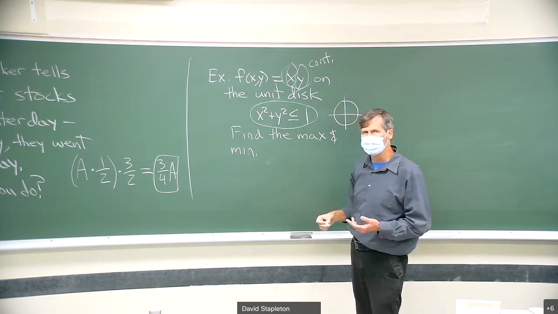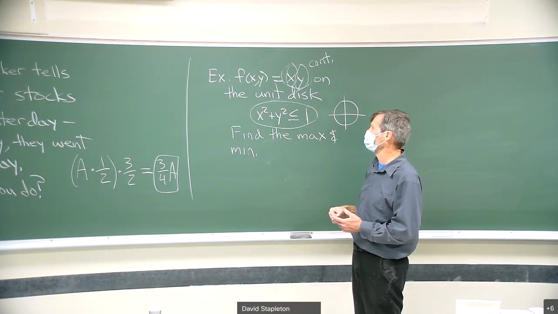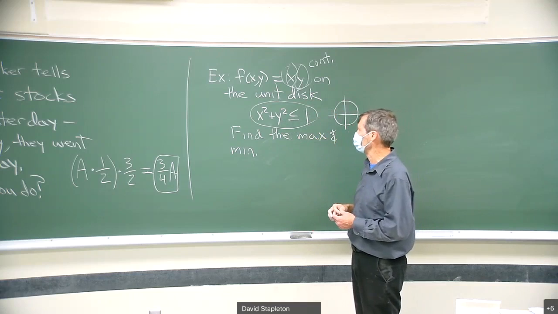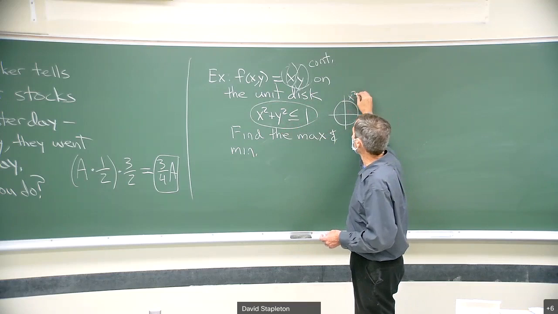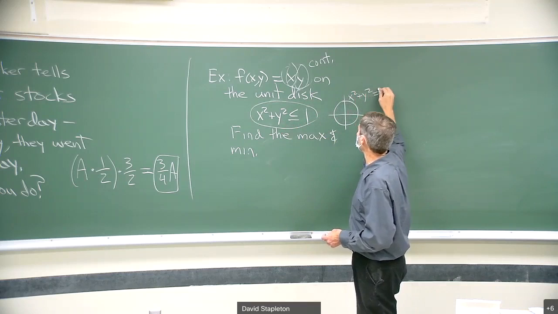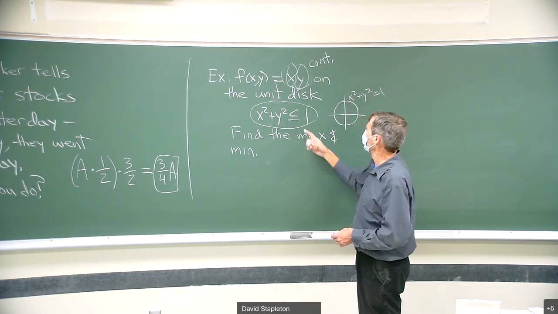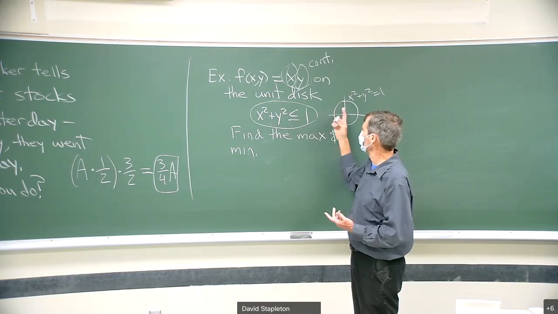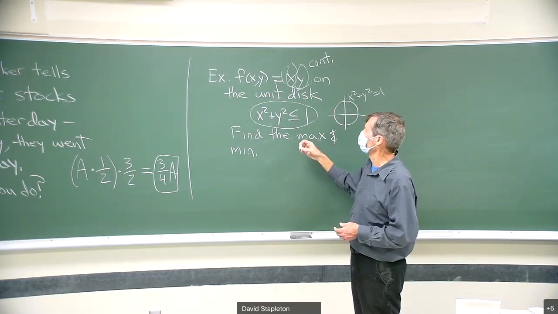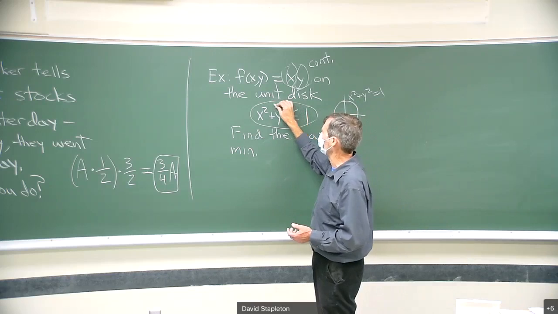And here's something that comes into play that I think the book kind of glances over, but it's assumed here. X squared plus y squared less than or equal to 1 is the disk. You might think that less than or equal to 1 is one side of the circle, and it is, but it's not really pointed out.